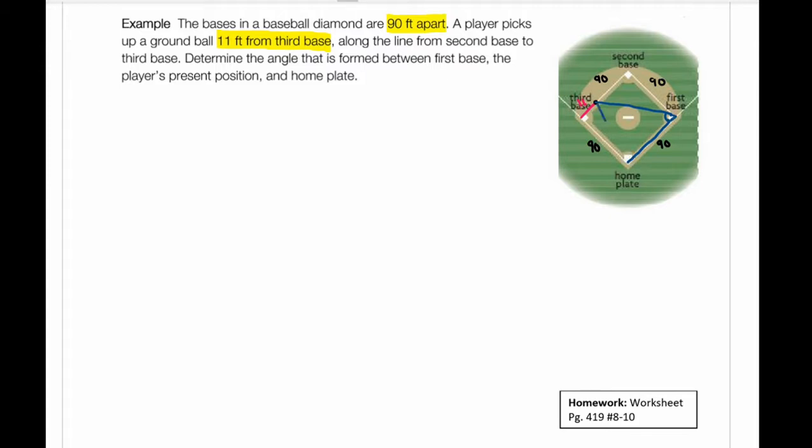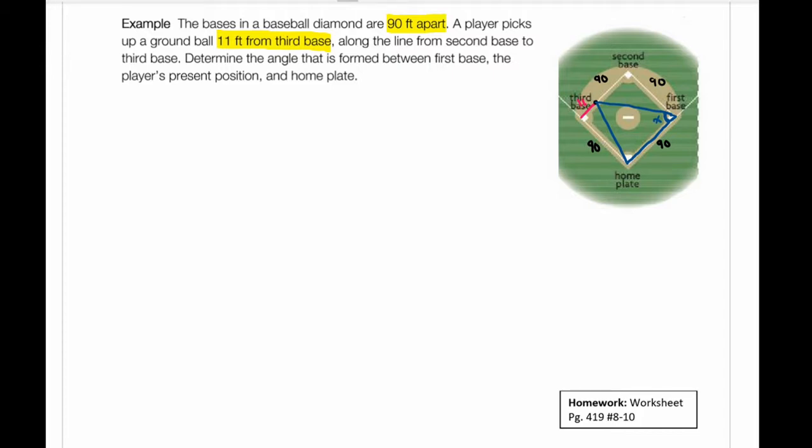So if I draw my triangle in blue there, that's what I'm looking for. I'm looking for this angle down here. We'll call it X. So I have one side. I don't have any other information for angles. So the only thing that I can really do is somehow figure out the two other sides.